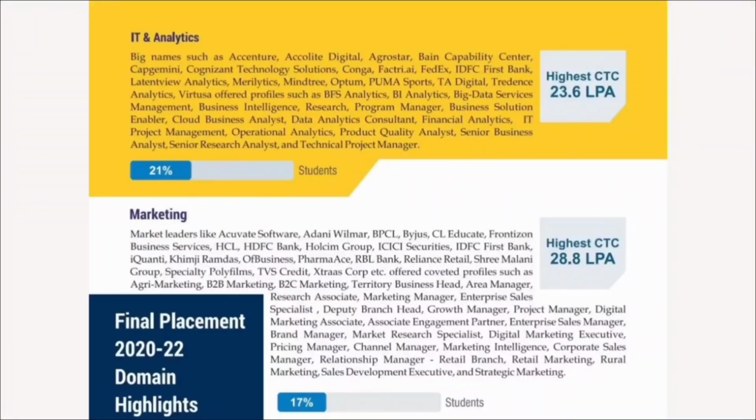Then if we consider the overall domain-wise placements, for IT and analytics, 21% of placements were made from this sector, and the highest CTC offered in IT and analytics is nearly up to 23.6 lakhs per annum. The top recruiters for IT and analytics are Accenture, Acolyte Digital, Agrostar, Bain Capability Center, Capgemini, Cognizant Technology Solutions, IDFC First Bank, Mindtree, Optum, Puma Sports, and many more companies.